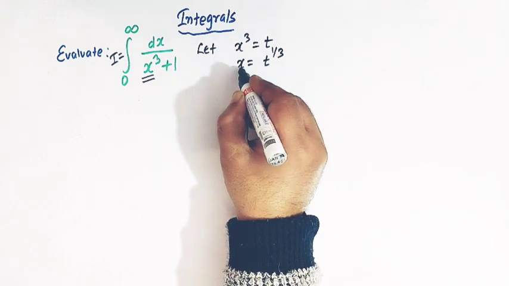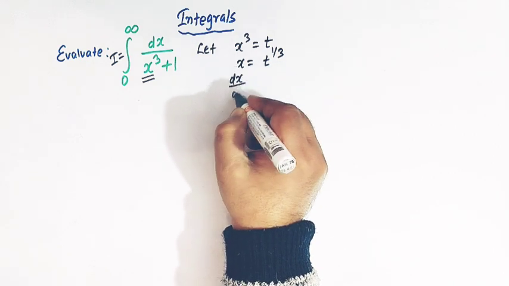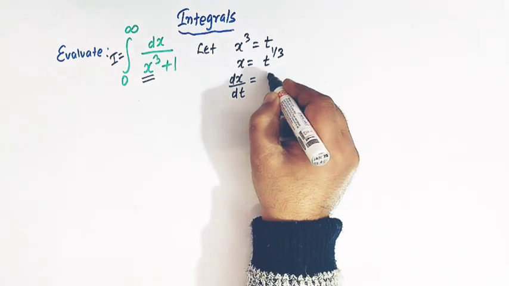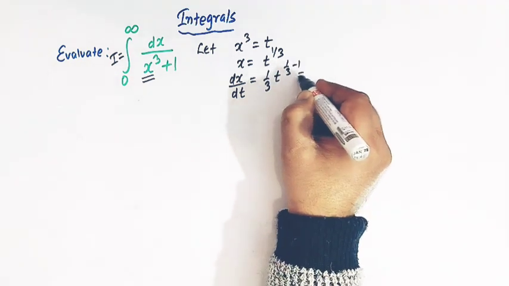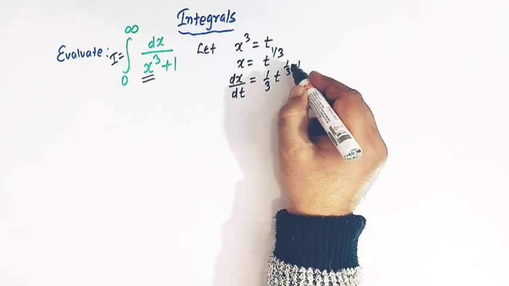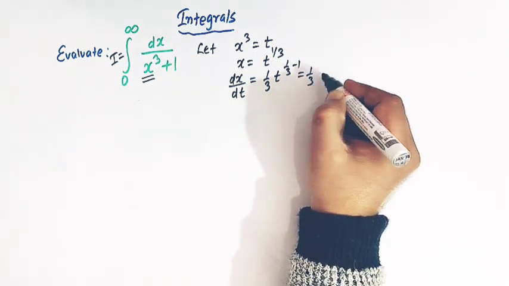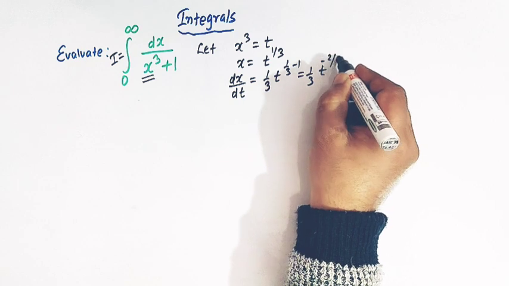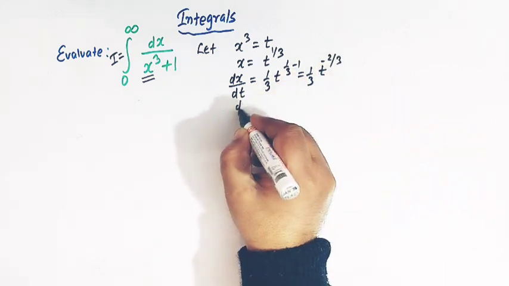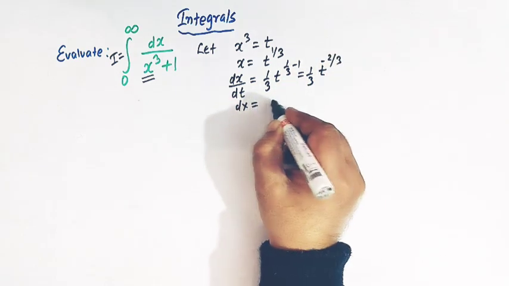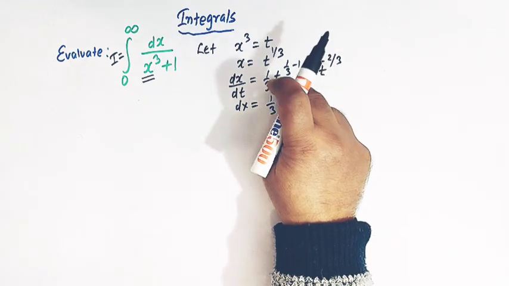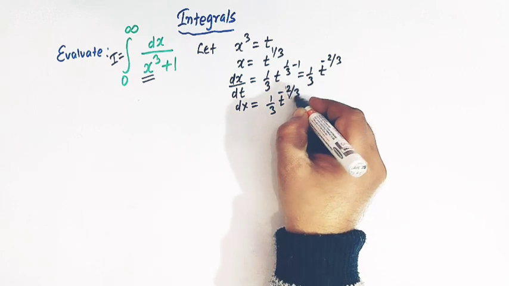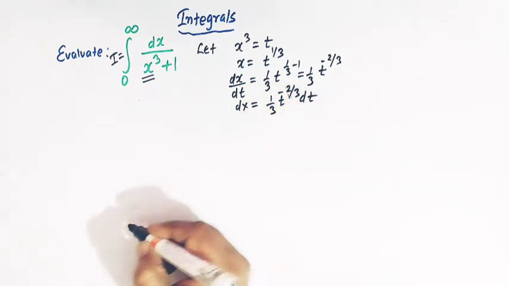So differentiating both sides with respect to t, we have dx over dt is equal to 1 by 3 t raised to 1 by 3 minus 1. Using the power rule for differentiation, 1 by 3 t raised to minus 2 by 3, right? So dx can now be written as 1 by 3 t raised to minus 2 by 3, and here we have dt, right?